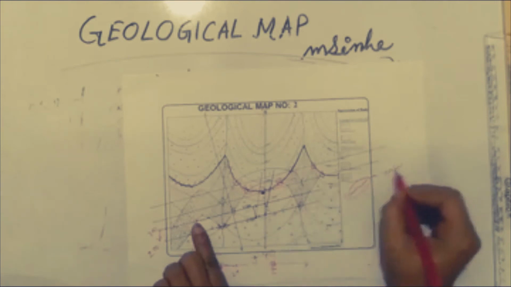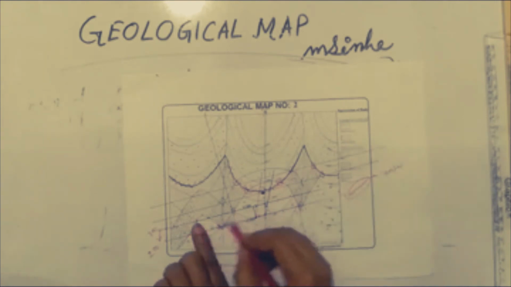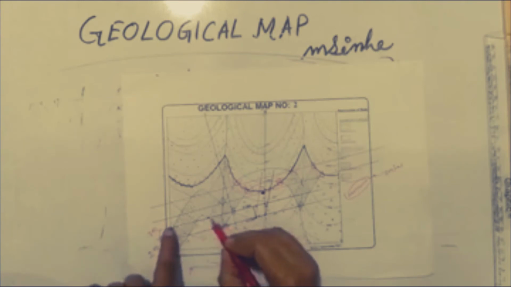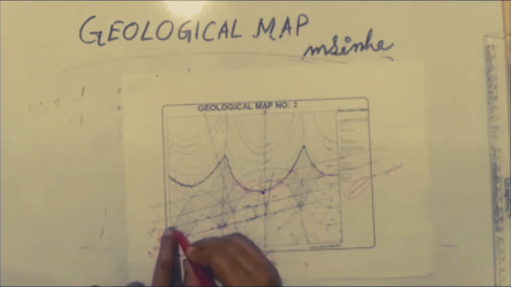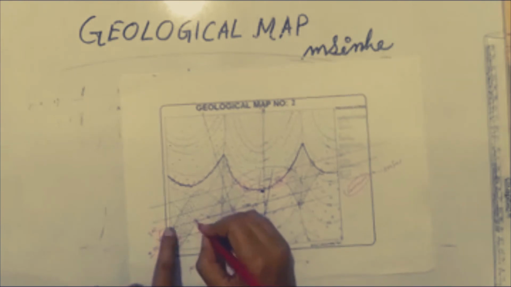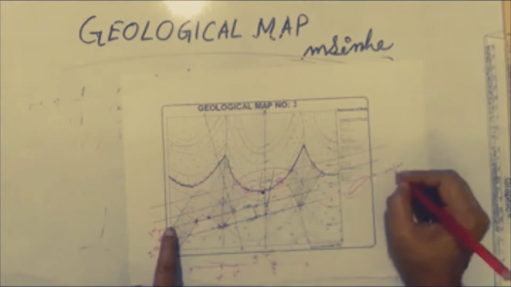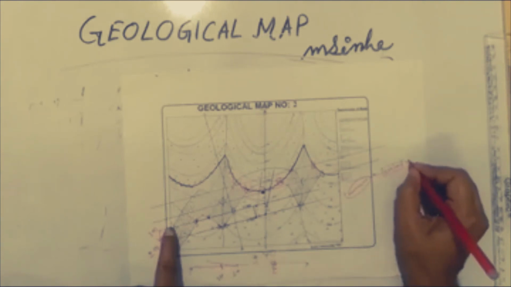This straight line has a value of 200 feet because the contour cuts the straight line at 200 feet. But this straight line passes through the lower boundary of that particular bed as well as the upper boundary of that particular bed. Here this straight line cuts the contour of 200 feet, so I have identified the value of the straight line as 200 feet.